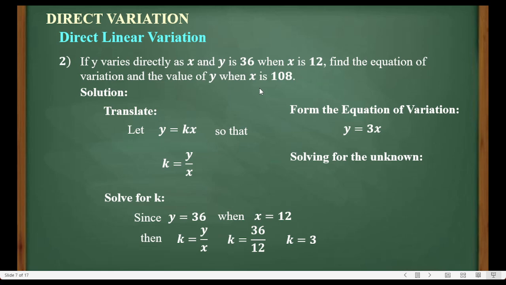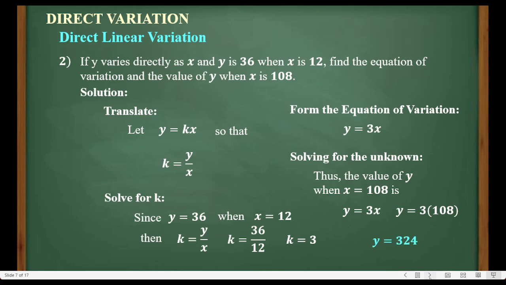The problem is asking us to compute for the final value of y. So substituting the value of x as 108, y is equal to 3 times 108. Therefore, the value of y is 324.